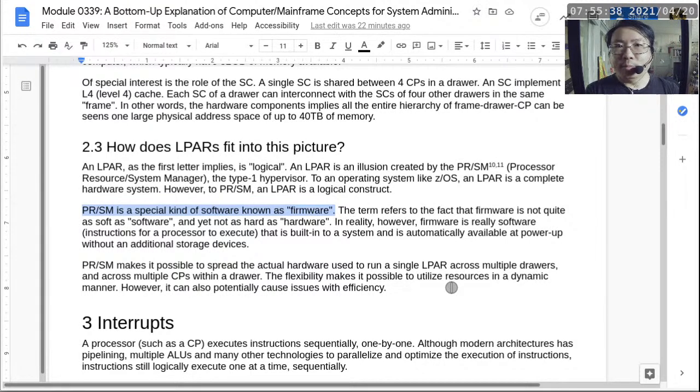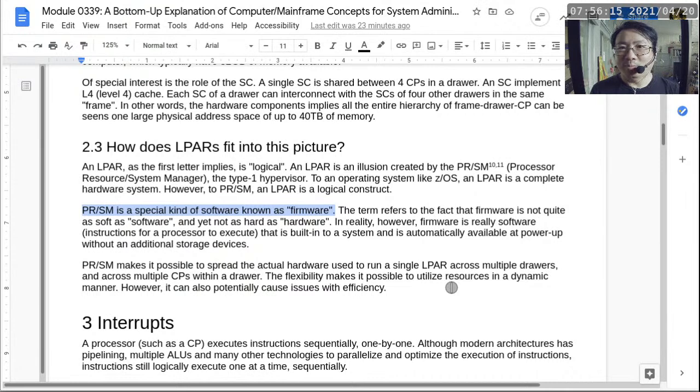I tried to find information about how IBM potentially scatters an LPAR over multiple drawers and multiple CPs within the drawer, and what kind of algorithm it uses to determine where to put an actual LPAR, which drawer and which CP is going to run which part of an LPAR. I couldn't find any information. I'm pretty sure this is super proprietary, one of those secrets that makes IBM successful.